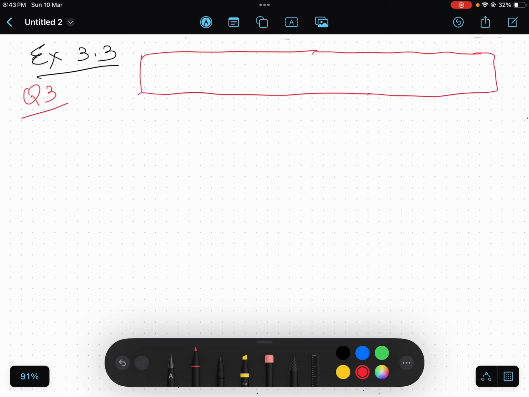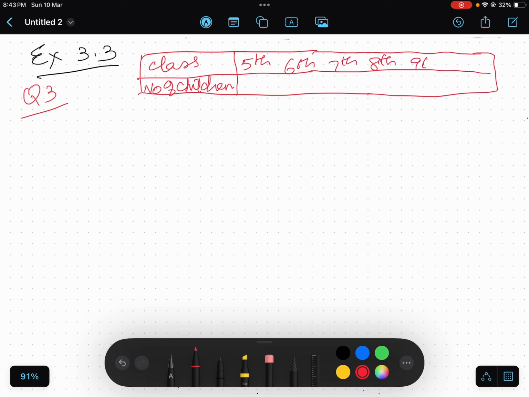It is given like this: class and then number of children. So the class is 5th, then 6th, then 7th, then 8th, then 9th, then 10th.